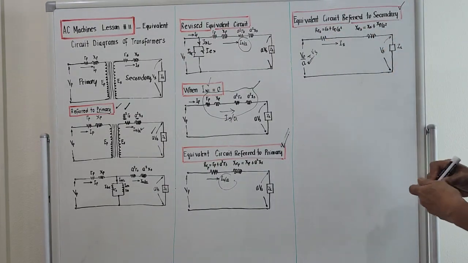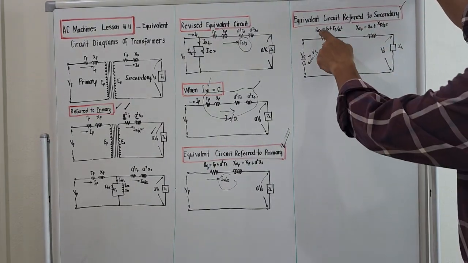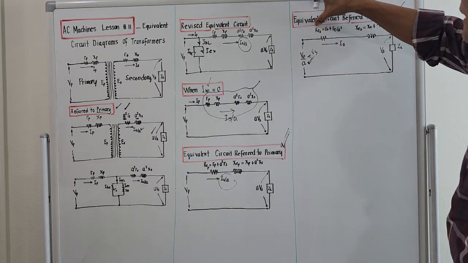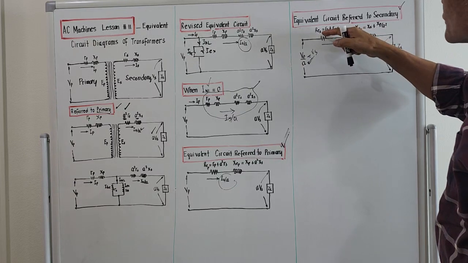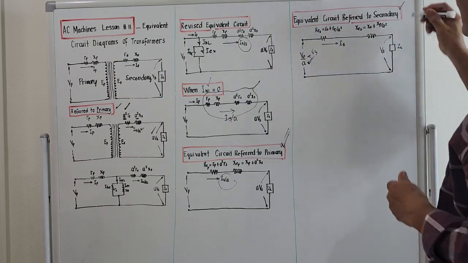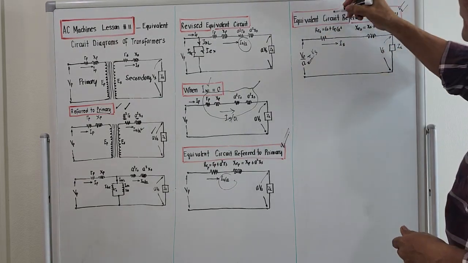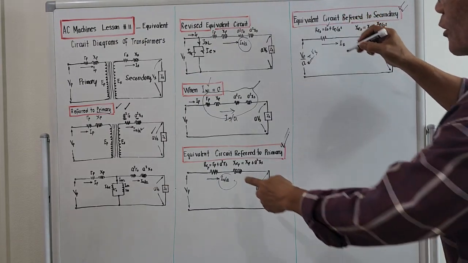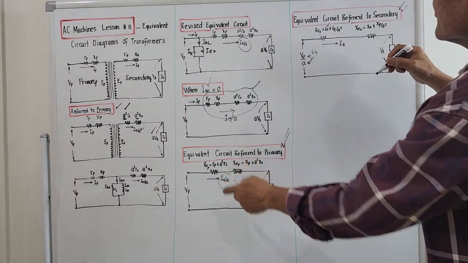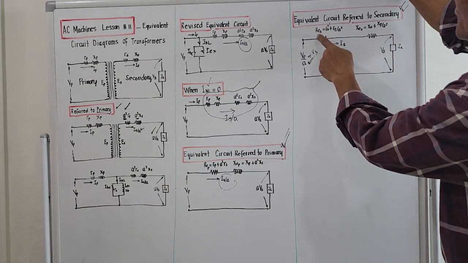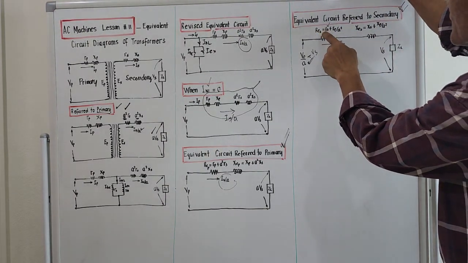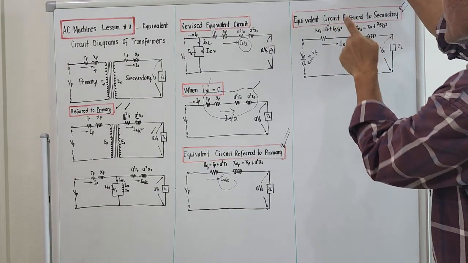And for RE now, capital letter R with the subscript E, again with the subscript S, meaning it is referred to the secondary. It will be RS. It's the opposite of this one. Since we are computing the equivalent resistance referred to the secondary, we will start with RS.